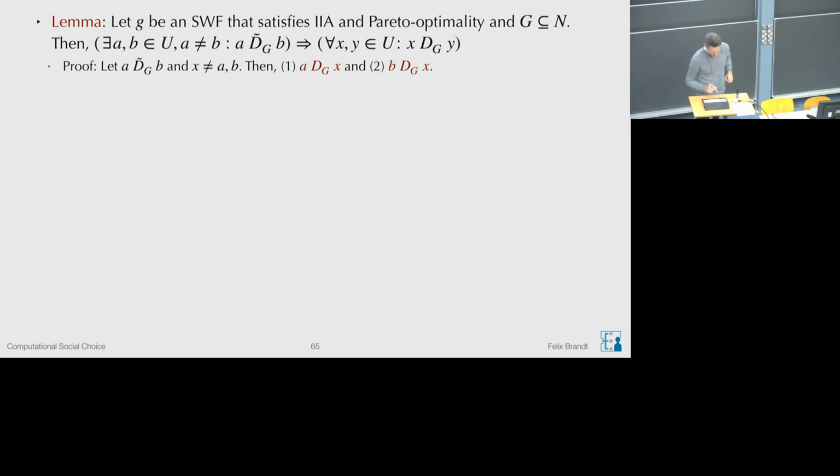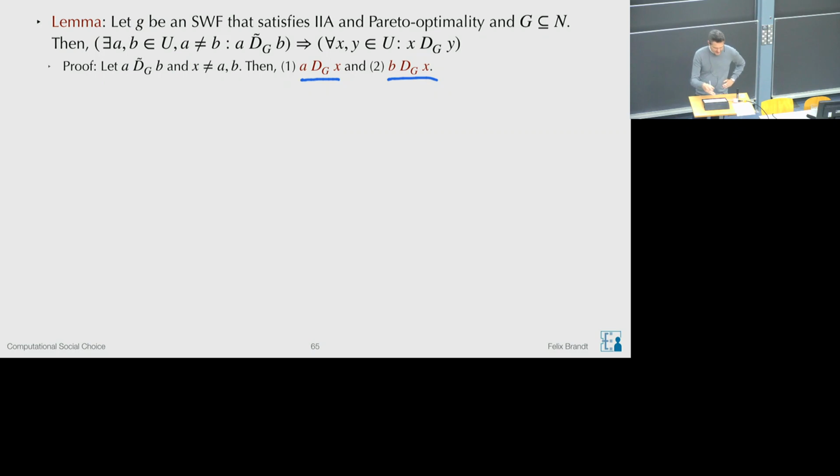And in order to show this, we need to show 2 intermediate steps. So first, of course, we assume that there are these 2 alternatives, A and B, and this group is semi-decisive for A against B. So these are just the conditions taken from up here. And then we want to show 2 different consequences. So let me take blue here and underline these. So these are the 2 statements that we want to show.